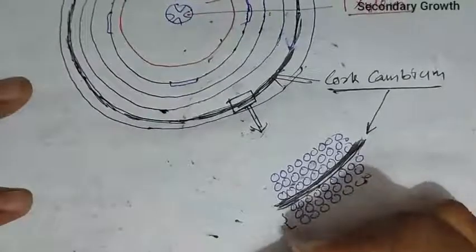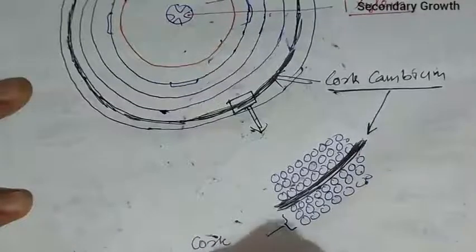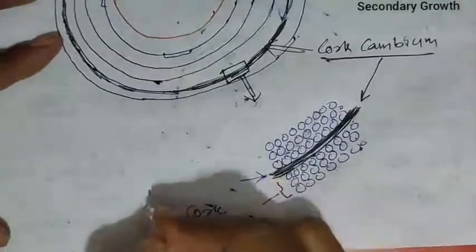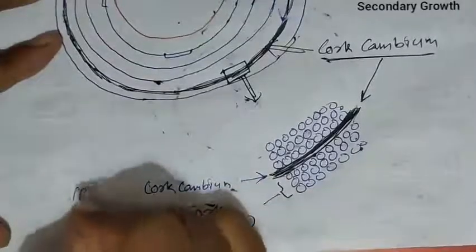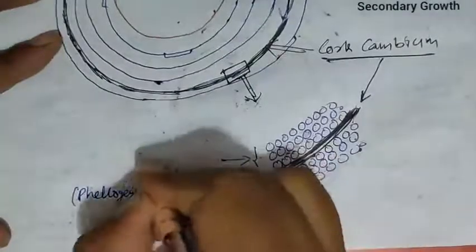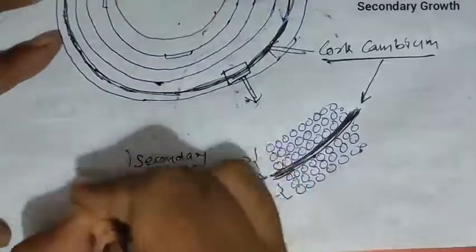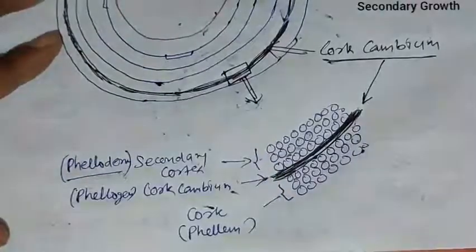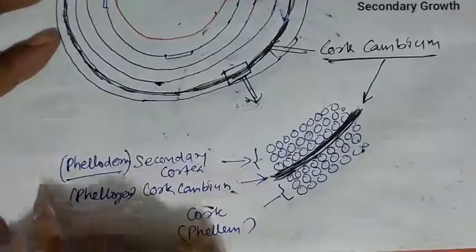The cell layer formed on the outer side is known as cork or phellem. This is cork cambium or phellogen, and this is secondary cortex or phelloderm. So due to the activity of cork cambium, on the outer surface you will find cork and on the inner side you will find secondary cortex.